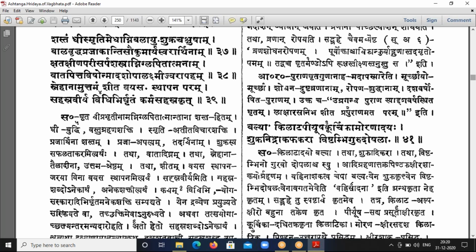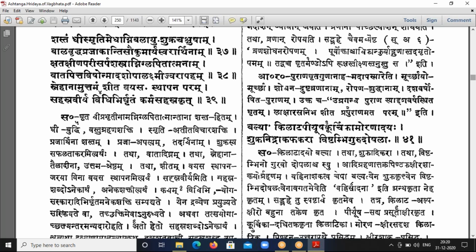And even in the modern dairy industry, this Piyusham is an attraction. It's called colostrum, which is the first secretion from the breast of any animal soon after the delivery.